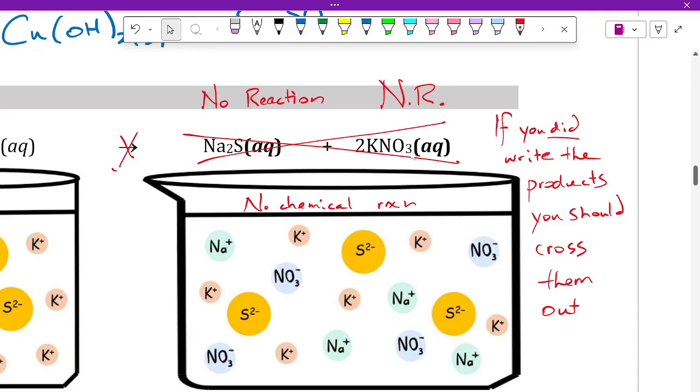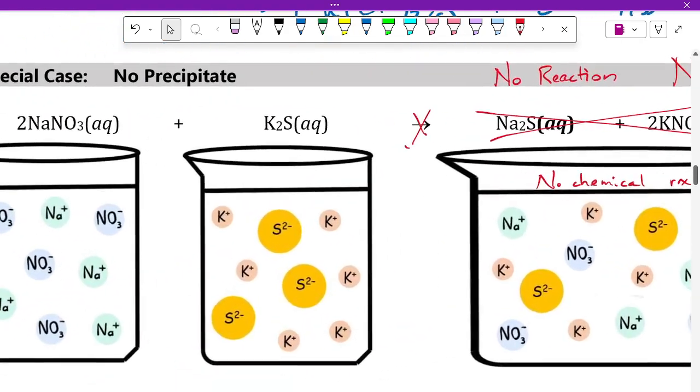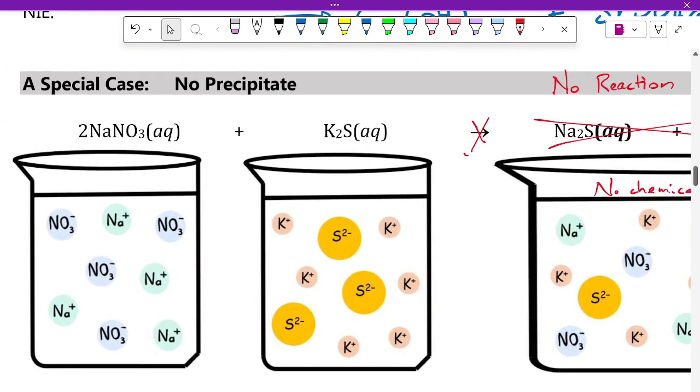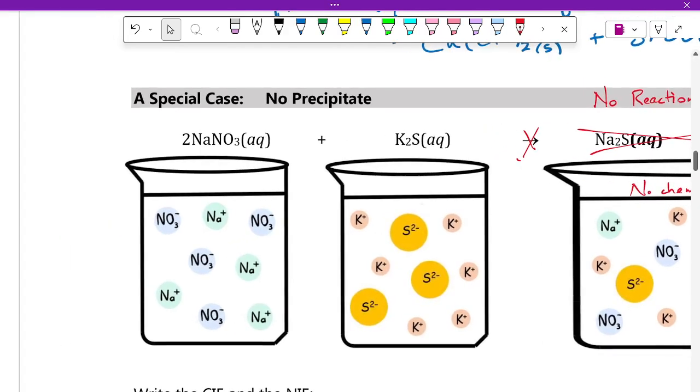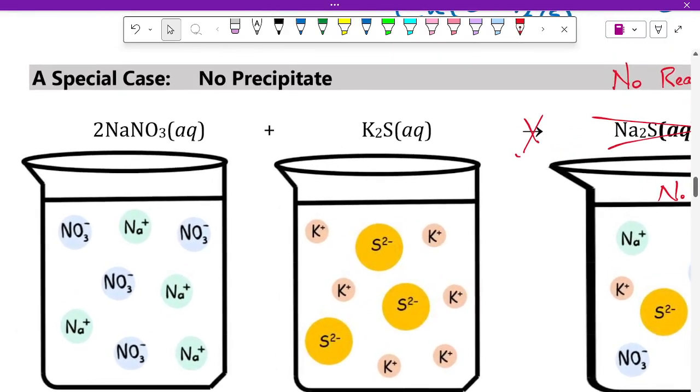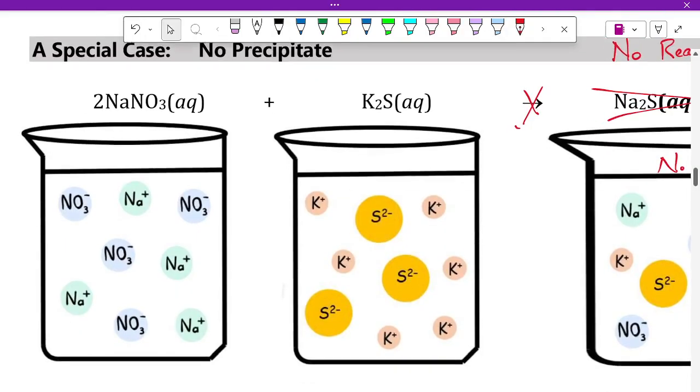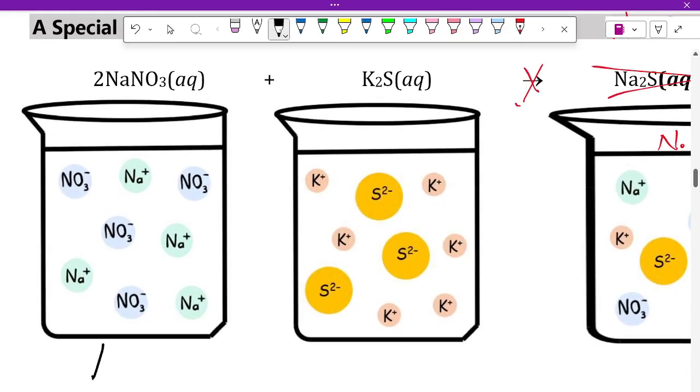And you should memorize at least two things that would make predicting that there's no reaction very easy. Okay? And one of those is what ions are always soluble? The metals.